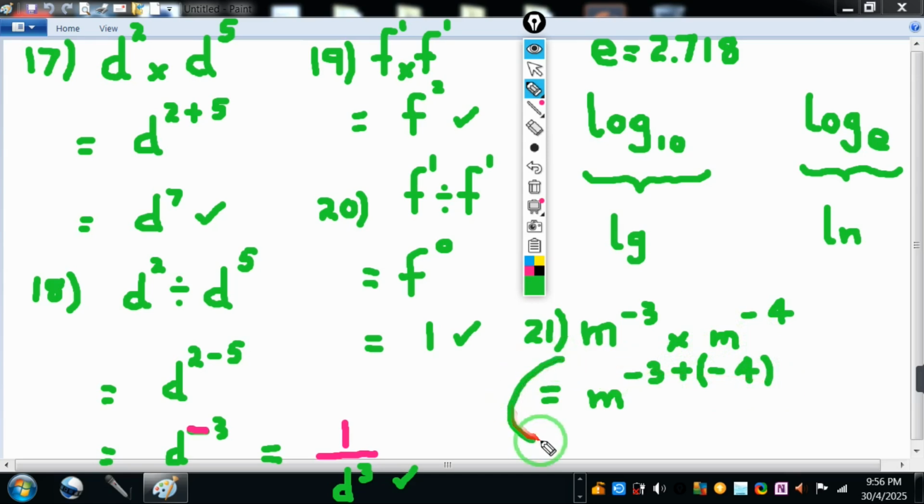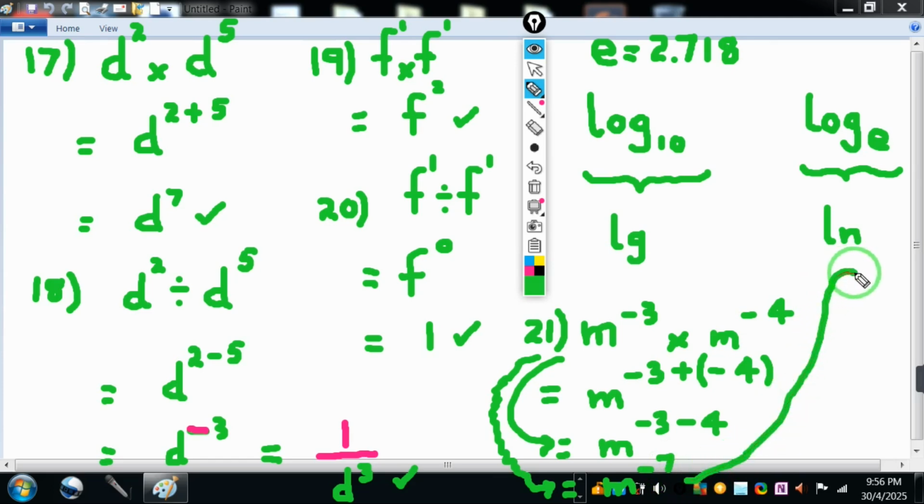And then if you want, you can even jump straight here, which is M to the power of minus 3, positive times negative is negative, minus 4. Actually speaking, you can even jump straight away, which is minus 3 minus 4, throw away 3, throw away 4, is minus 7. And then you go and do one more.